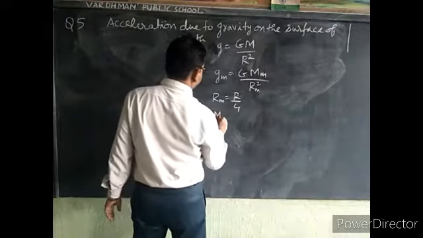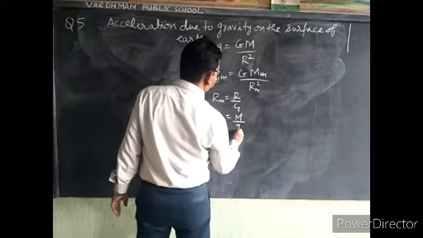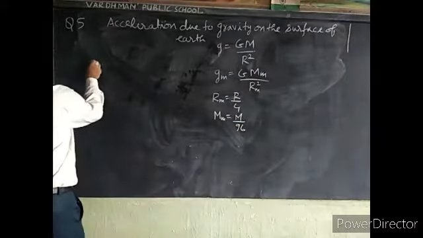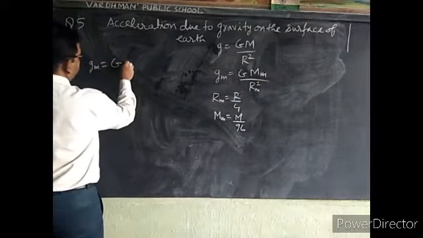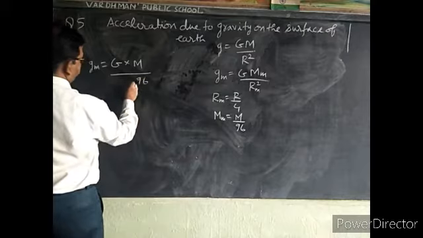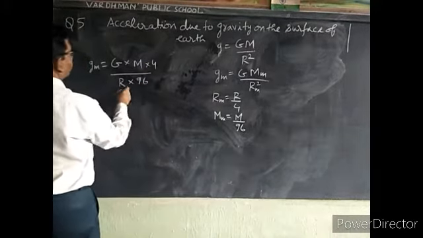Therefore gm is equal to G into M upon 96 into R upon 4, squared.